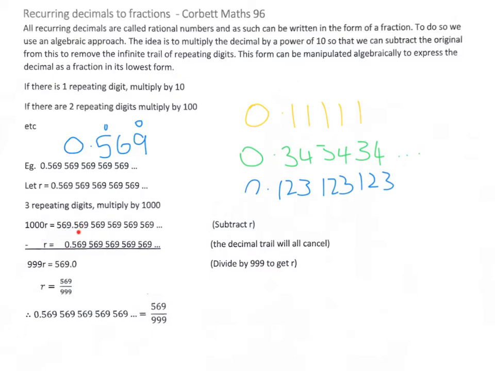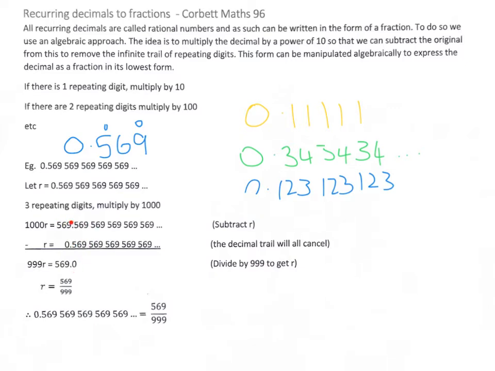There is the same number of 569s after the decimal point as there are in the original R value. So if we subtract them, all the numbers and the repetition line up. The 9 and the 9 go together, the 6 and the 6, the 5 and the 5, all the way up till the decimal point. So whenever you take those away, they'll all go to 0.